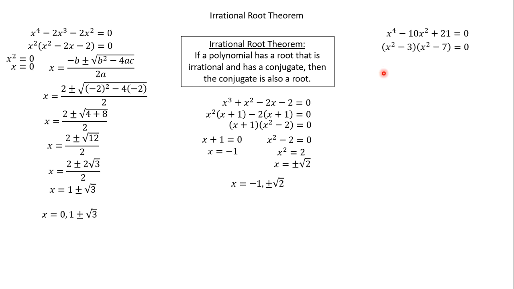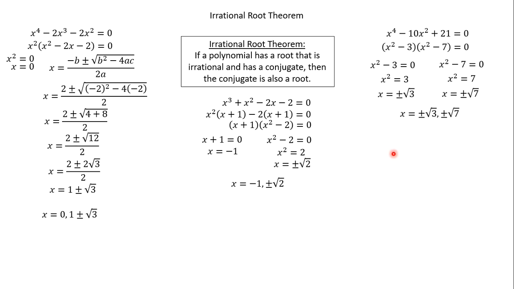And so we get x squared minus 3, x squared minus 7 equals 0, and neither of these two will factor, so x squared minus 3 equals 0, x squared minus 7 equals 0, which means x squared could equal 3, or x squared could equal 7, which means x equals plus or minus root 3, and plus or minus root 7. All right, well, those happen really naturally.